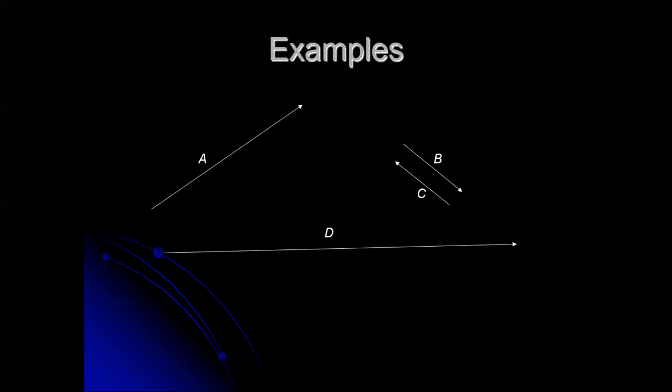So here on this slide, we've got a whole bunch of different vectors. I've got some arrows drawn out, and we've labeled them with letters A, B, C, and D. A vector doesn't have any inherent tie to a coordinate system. So we can't really assign direction, say, for example, in angles just yet.